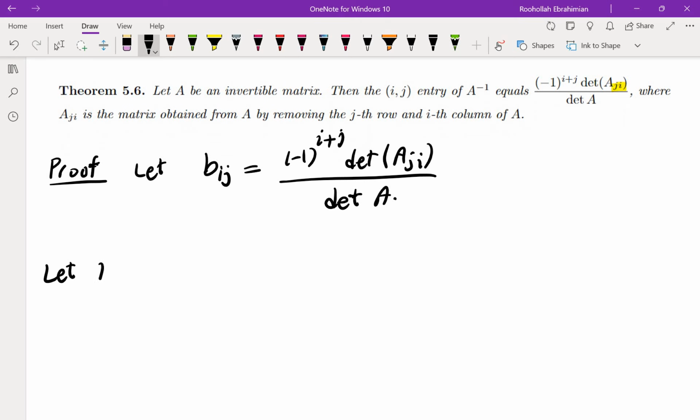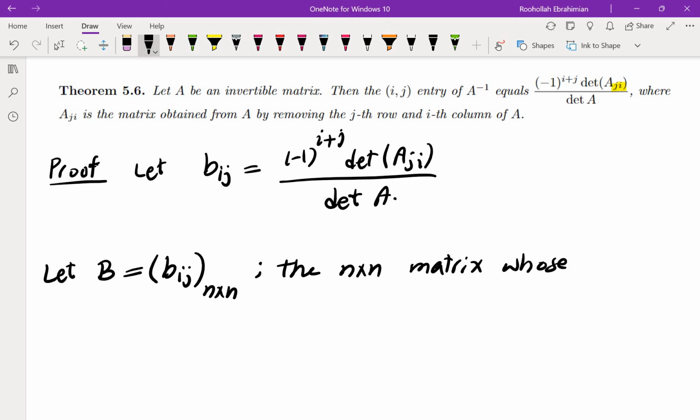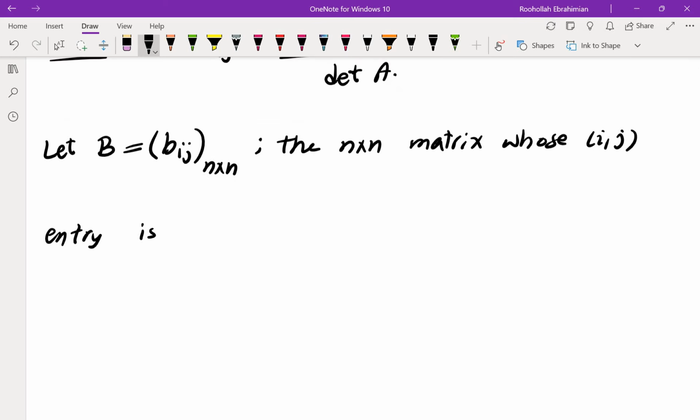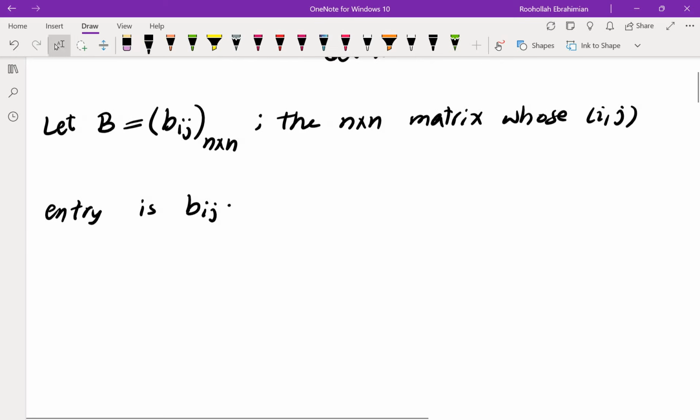So let B be the n by n matrix whose ij entry is B_ij. Now we're going to multiply A and B and show that that is in fact the identity.